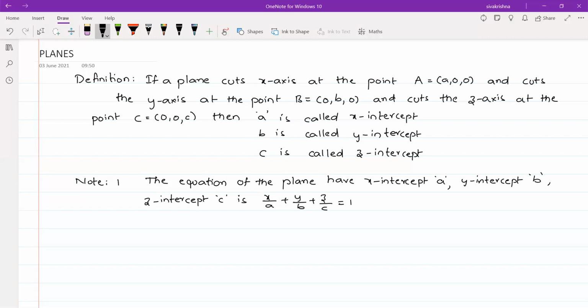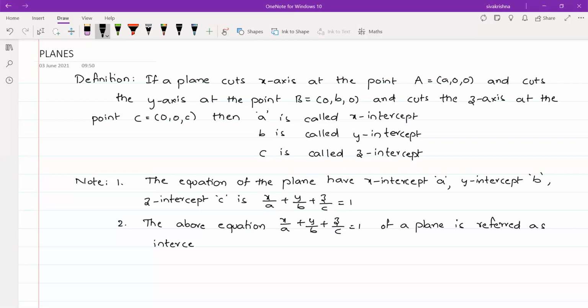Okay, so coming to note point 2, the above equation x by a plus y by b plus z by c is equal to 1 of a plane is referred to as the intercept form of the plane equation.